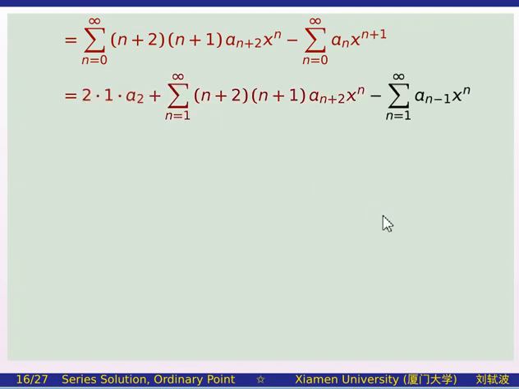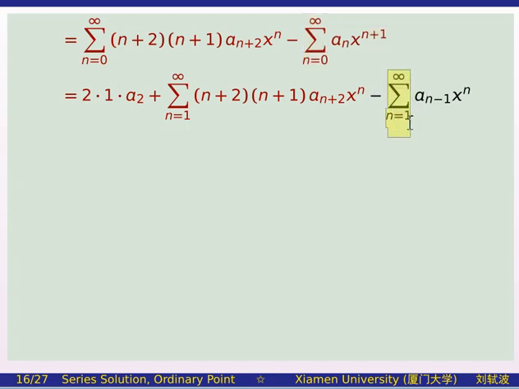Then we write the expression for the second summation, that is xy, but we also change the summation index from n plus 1 to n. The purpose of this is for later convenience, to combine with the first summation here. So changing n plus 1 to be n, the n should decrease by 1, so the range of such n is from 1 to infinity.